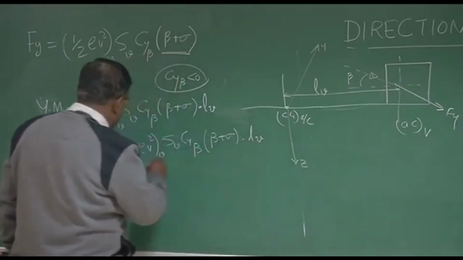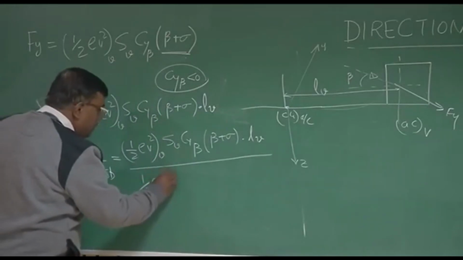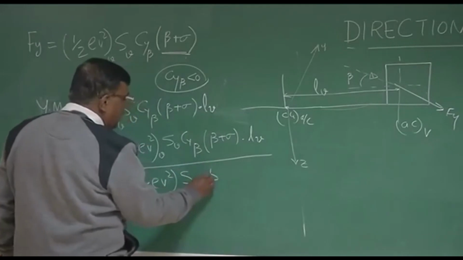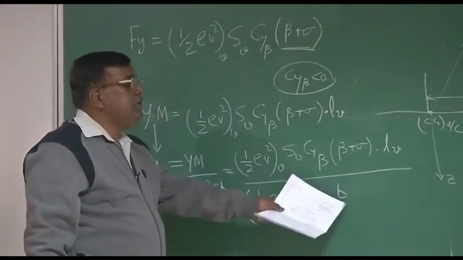I write Lv, and this is divided by half rho v square of the free stream. You know by now, S and b, the non-dimensional length, has to come because it is a moment. This is force into distance, the moment.